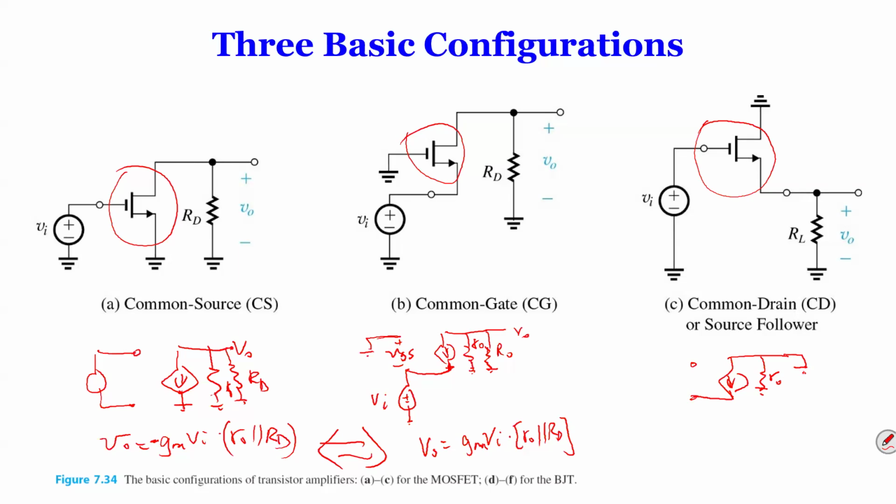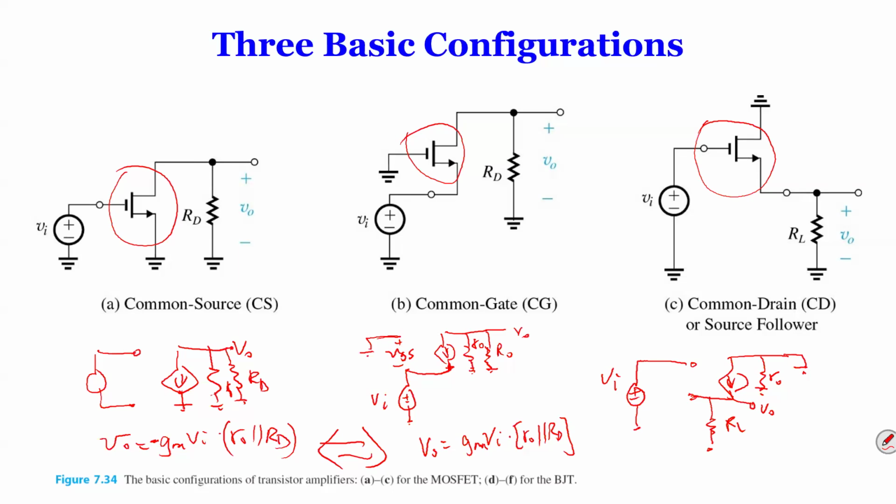Now we have input connected again at the gate, which is okay. The only problem is that we have our RL connected over here, and we measure our output over here. So this is critically important, where you measure VO, because this is grounded, so we measure VO over here. So your VO is really just current flowing this way, right? So your current flowing through RL gives you this VO.